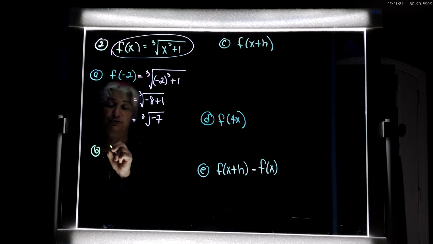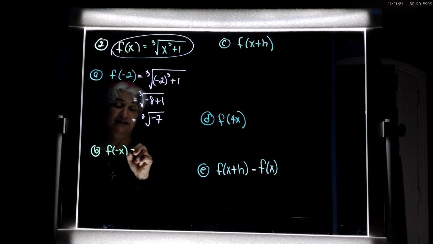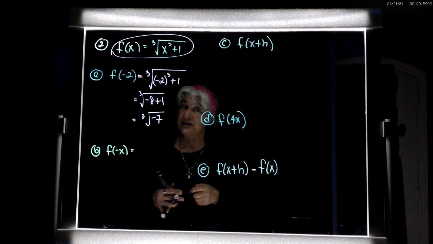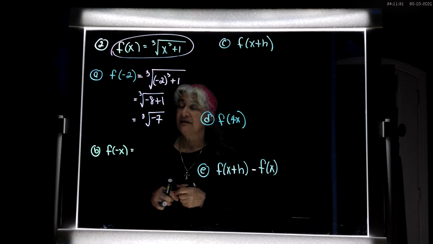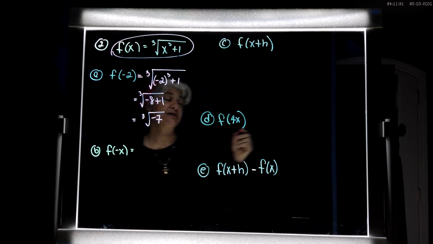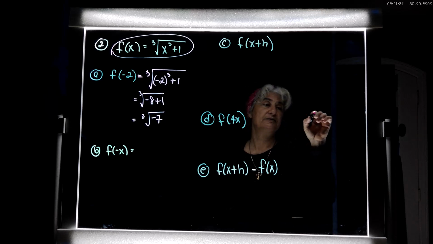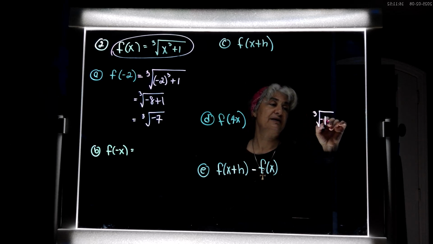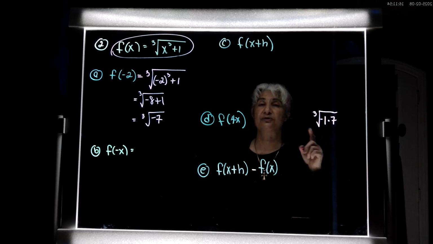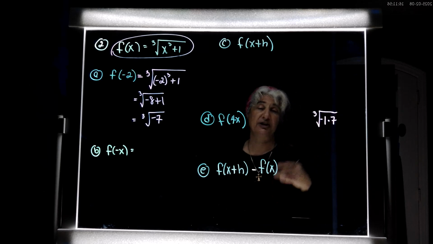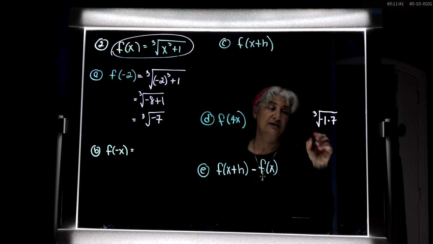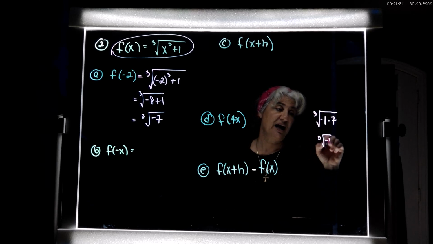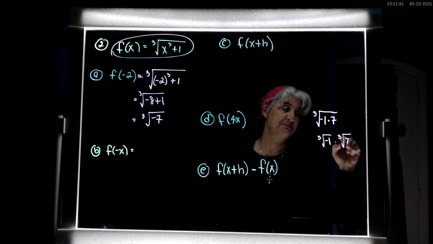When you take the cubed root of a negative number, the answer is going to be negative, because I'm going to do some side work over here. Isn't this another way of writing the cubed root of -7 as a multiplication problem? As long as it's multiplication, I can look at them separately.